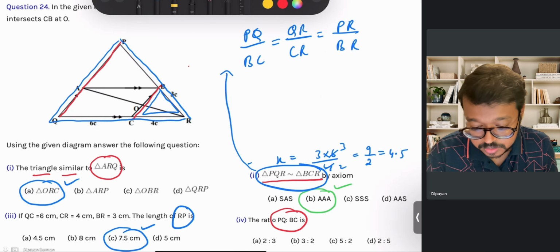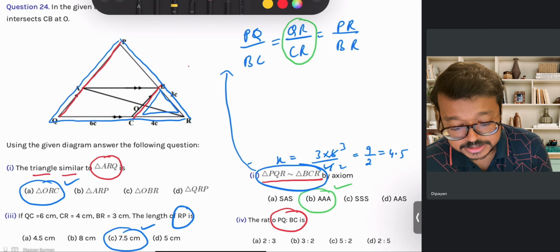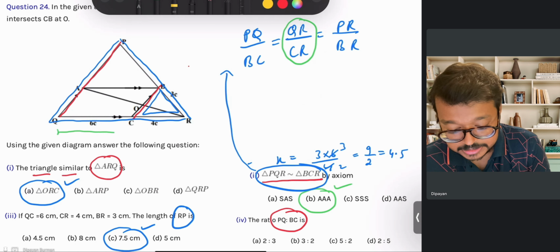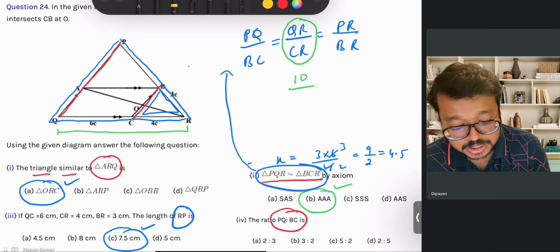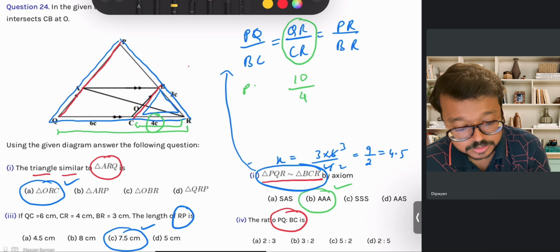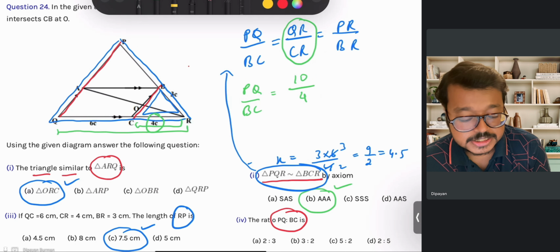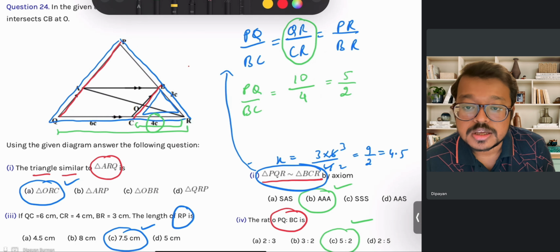If I look at this part of the ratio, QR by CR, QR is this entire length, which is 6 plus 4, 10 centimeter, and CR is this length, which is 4 centimeter. So PQ by BC is 10 by 4, which if I reduce, is 5 by 2. So if I look at the options, it is option number C, 5:2.